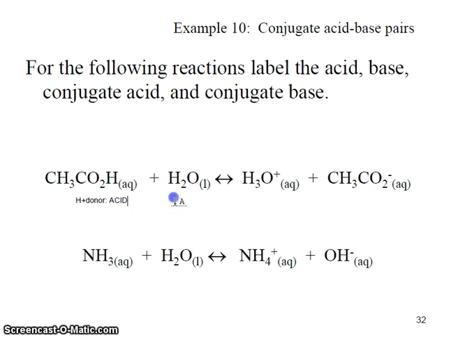That means that this must be the acid. And if acetic acid is the acid, that means water is going to be the base. Now, what becomes of water, the base, upon acceptance of that proton, the hydronium ion, we are going to call that a conjugate acid. And what remains of the acetic acid is going to be the conjugate base.